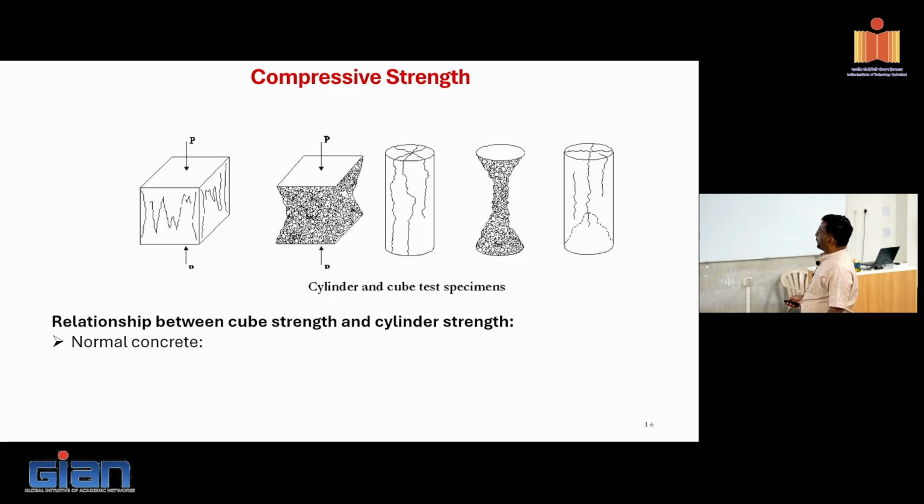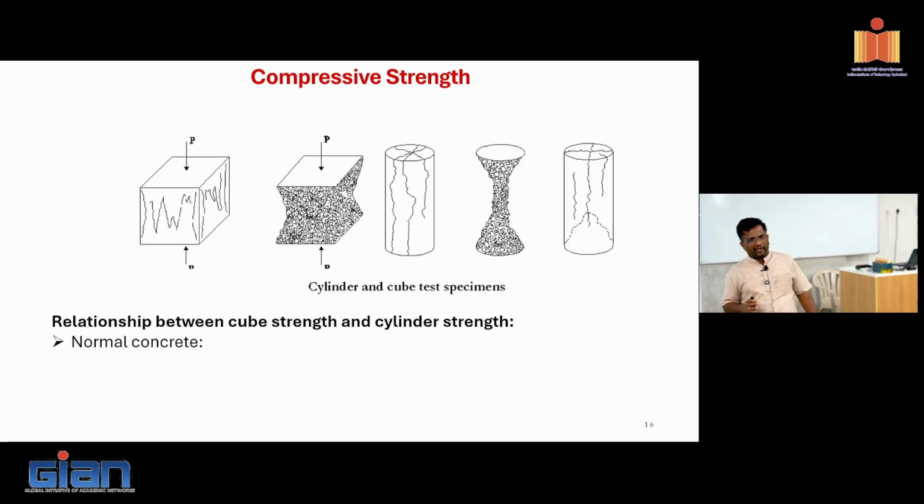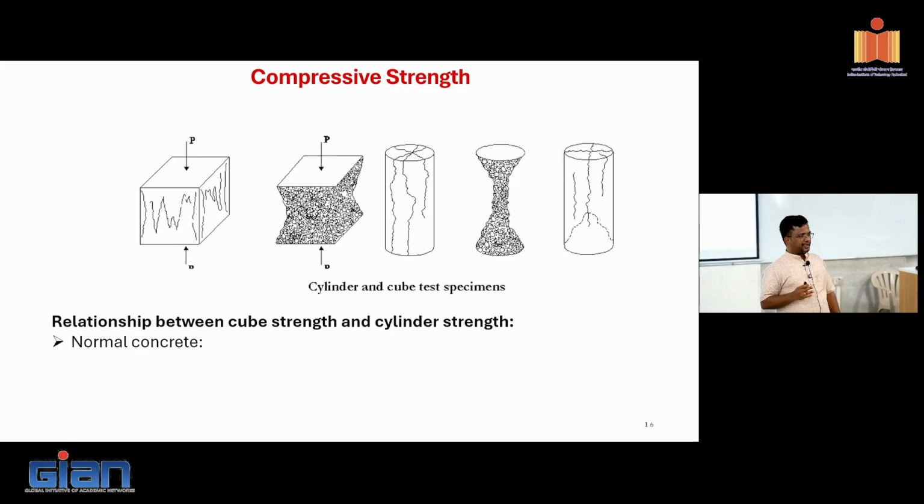Because of boundary conditions and the platen restraint effect, what happens is that when you put the cube in the compression testing machine and test it, at the boundary of the platen and the cube you develop a lot of lateral friction.